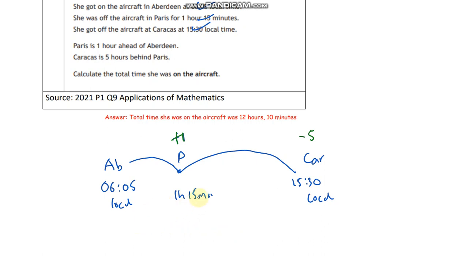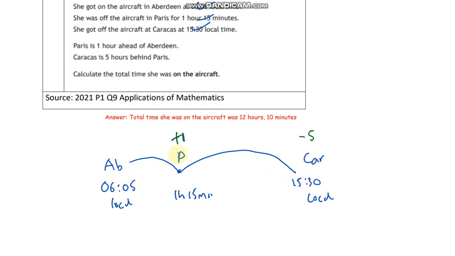We'll work our way back, I think, from Caracas to Paris. We'll have to look at the difference in time, and then take away what she was waiting for. But first, we'll have to set the times, because right now that's local and that's local, so the difference isn't going to be very helpful.